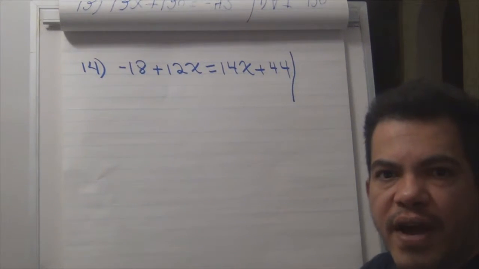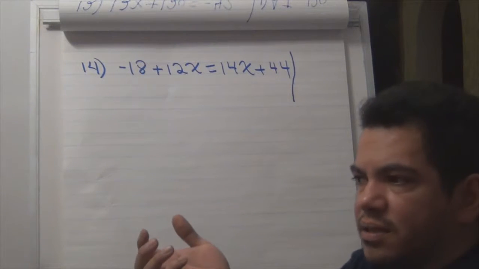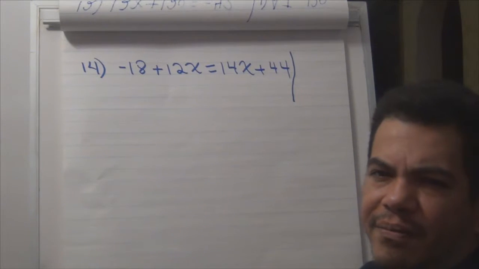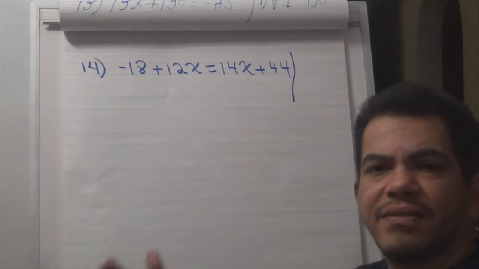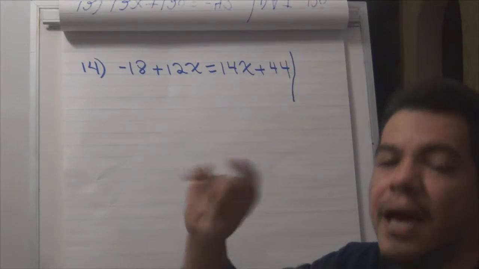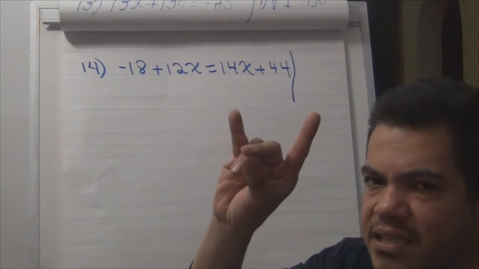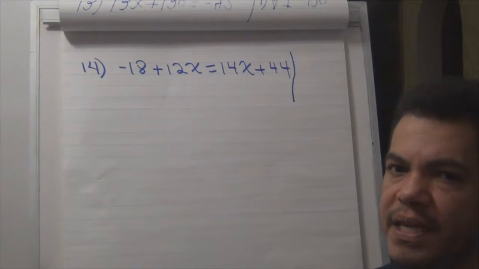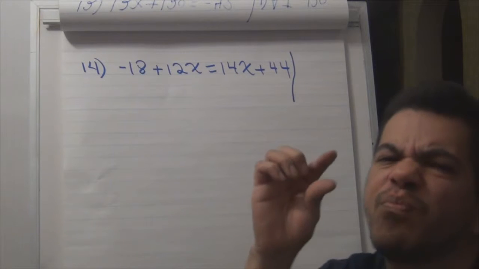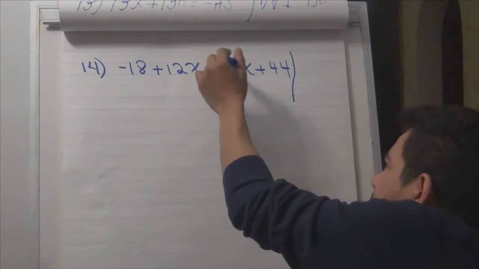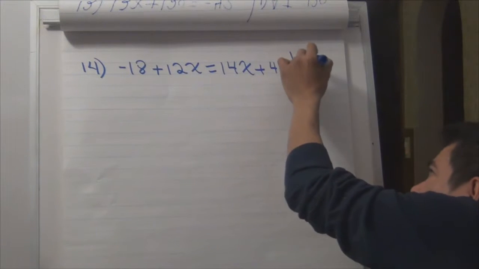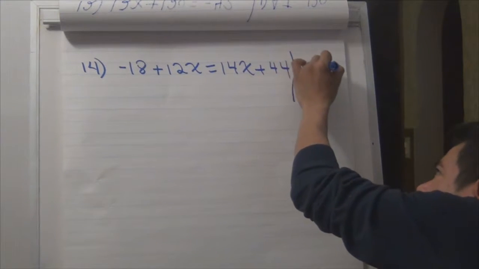So what to do if I have like variables on both sides? Get rid of them by using the additive inverse. Wait, but isn't the additive inverse what I need to? Yes. But whenever you have variables on both sides, use the additive inverse. Okay? And usually use the additive inverse on the smaller one. So I should use the additive inverse here. Now, the rule is going to be VBS.